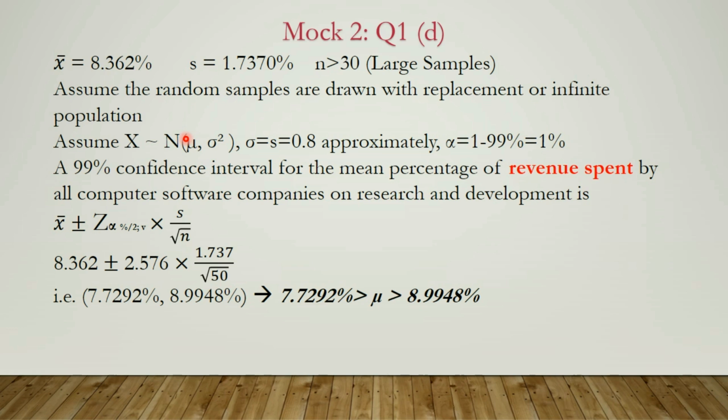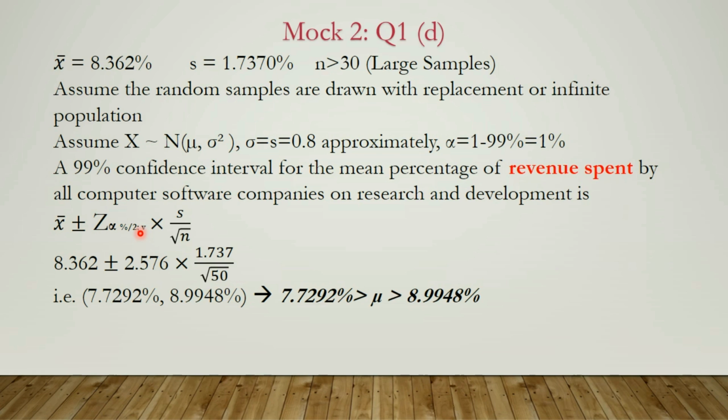Here is the population mean, and here is the population variance. We also assume that the population standard deviation is equal to the sample standard deviation, which is 0.8. Approximately, alpha is 100% minus 99%, which gives 1%, and 1% divided by 2.